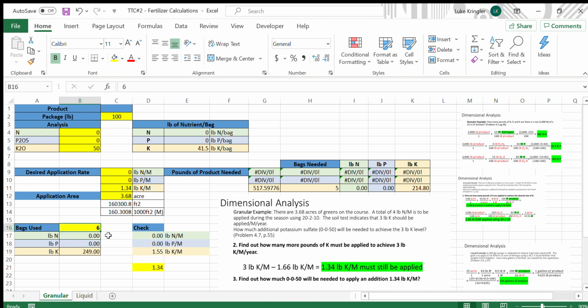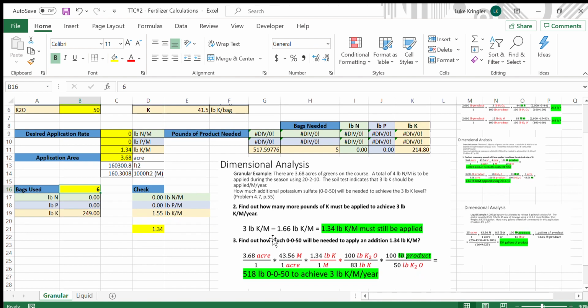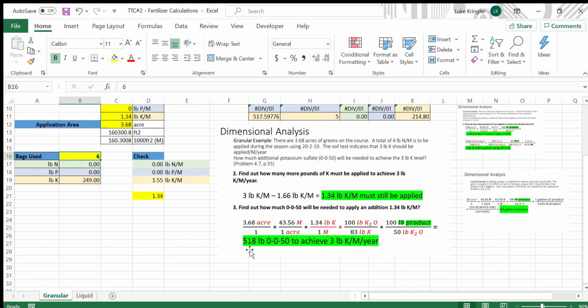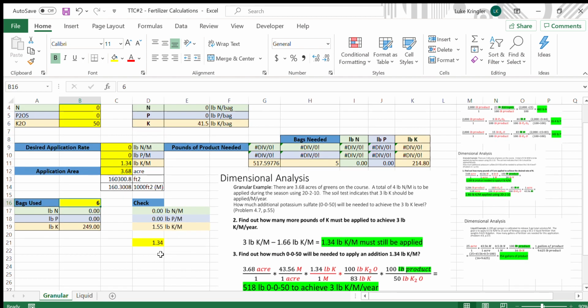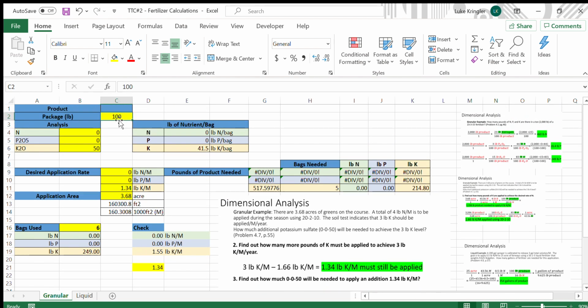So it depends if you want to apply a little bit under your target rate or a little bit over your target rate. All right, so that's how you end up with the final answer of this problem: you'll need 518 pounds of 0-0-50 to achieve the 3 pounds of potassium per 1,000 square feet per year. Okay, so let's just reset this all back to 0.